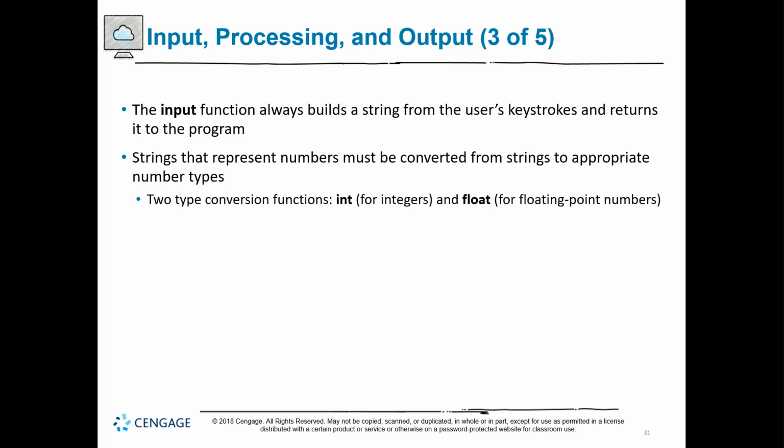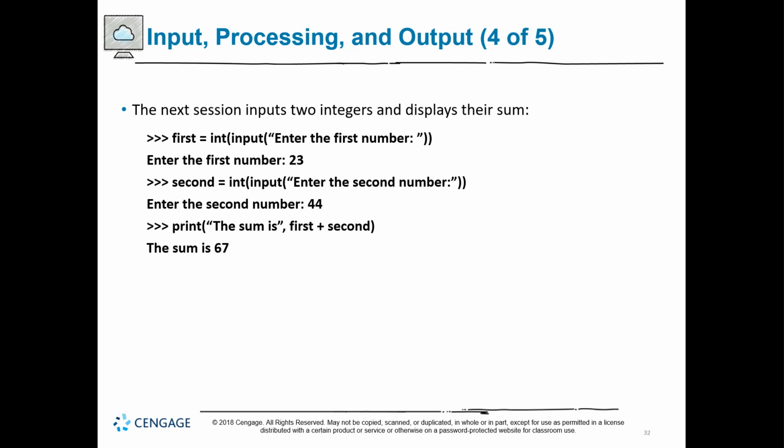An integer is typically a whole number. For example, in the next session input, we could do 2 integers. Enter the first number, enter the second number, and we can then add the 2 to create the sum.